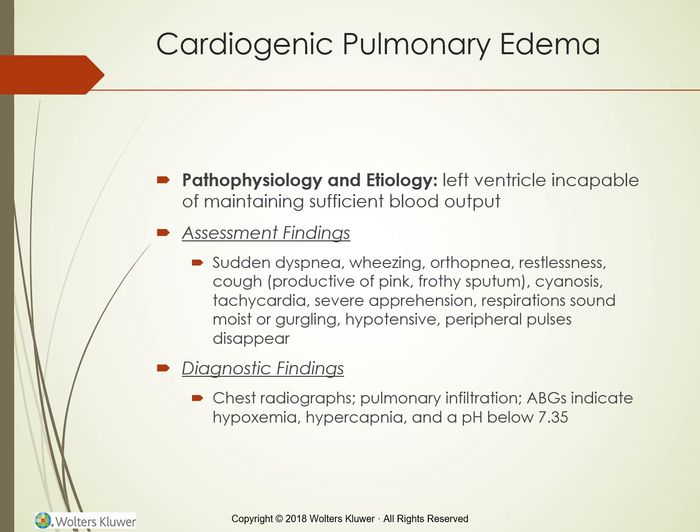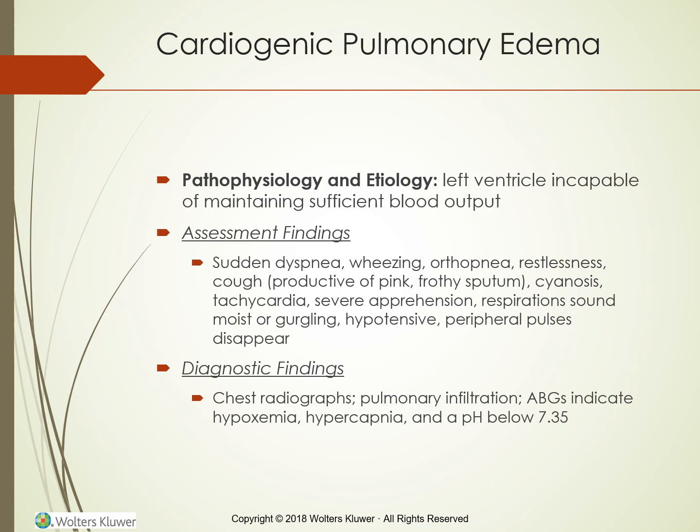Assessment findings. Clients with acute pulmonary edema exhibit sudden dyspnea, wheezing, orthopnea, restlessness, cough, often productive of pink, frothy sputum, cyanosis, tachycardia, and severe apprehension. Respiration sounds moist or gurgling. If a pulmonary artery catheter is in place, the pulmonary artery and pulmonary capillary wedge pressures are elevated and cardiac output is reduced.